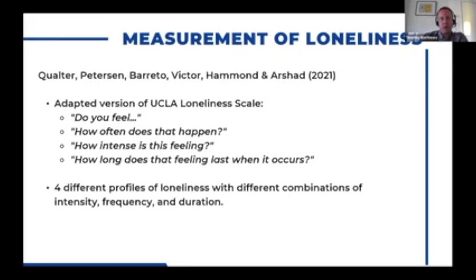For example, people who had average levels of loneliness for a long time, versus people who had very intense loneliness, but for a shorter time. And these groups were differentiated by various demographic and health-related factors. There are far too many findings to go into all the detail here, but it's a very informative and useful publication.